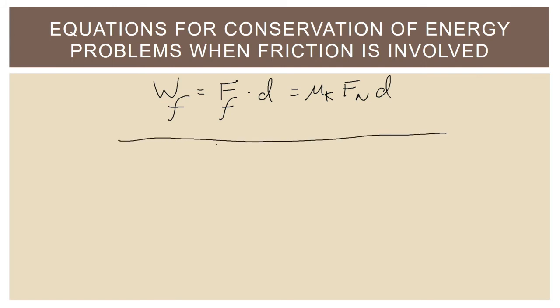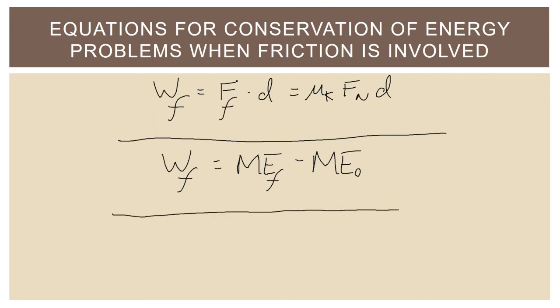The other equation here is by using the work due to friction equals the final energy, specifically the final mechanical energy, minus the initial mechanical energy. And we can expand that out, but we already wrote that down before, so you can just refer back to that.